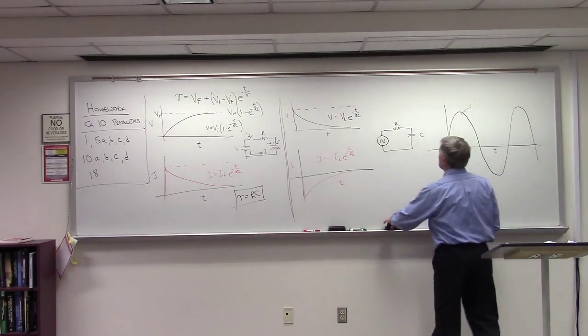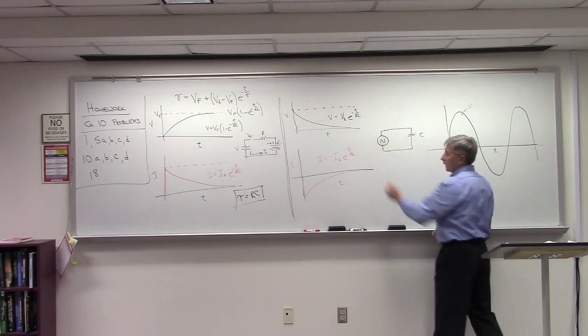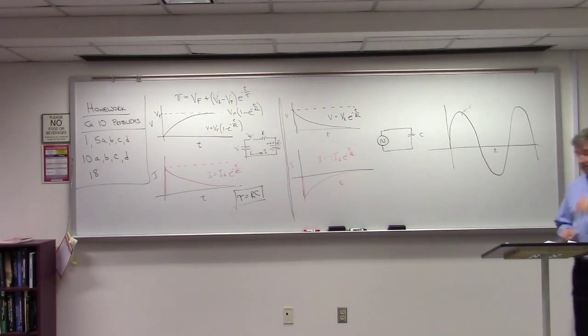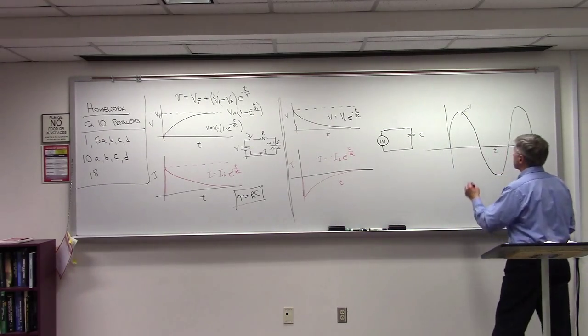And actually, in order for it to be out of phase by 90, we've got to get rid of that resistor. We're going to start out with a simple circuit, just a capacitor. So the current waveform is going to look like this.